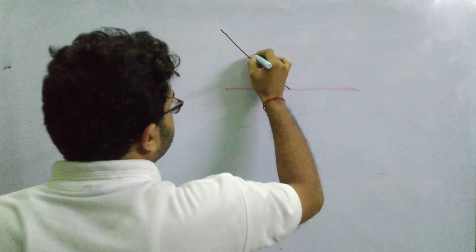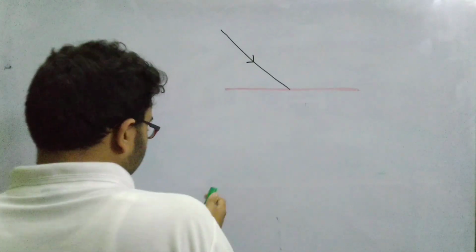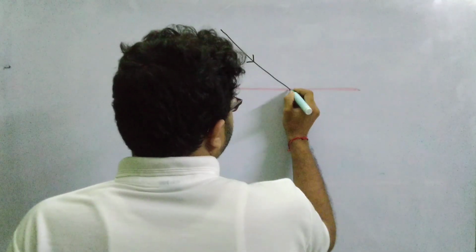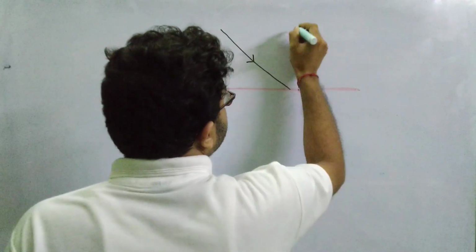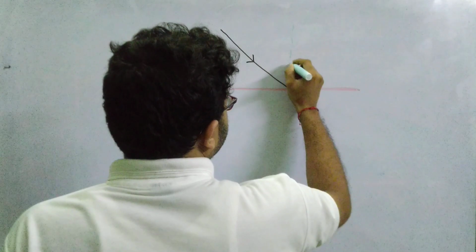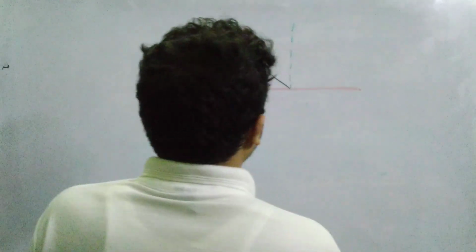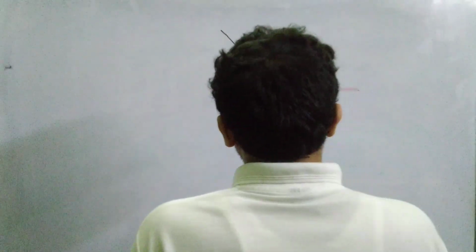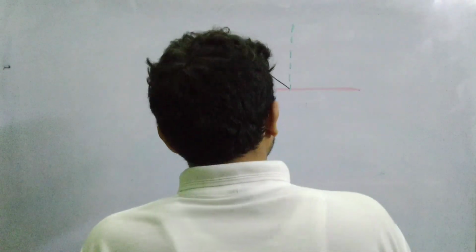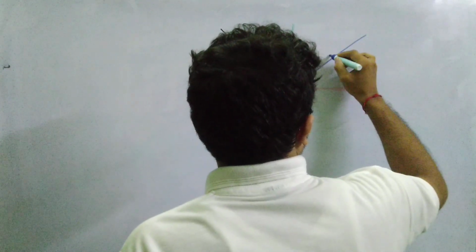It hits the reflecting surface at a certain point, and at this point we can consider an imaginary perpendicular. From this point the light ray gets reflected back, or bounces back.